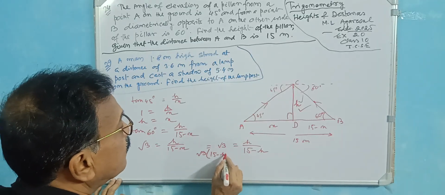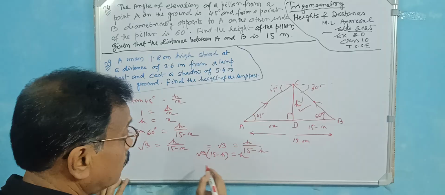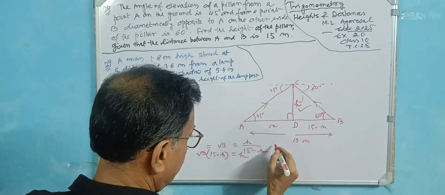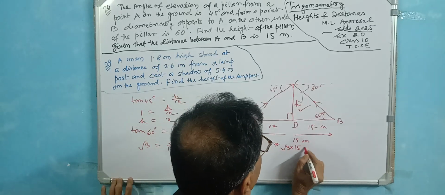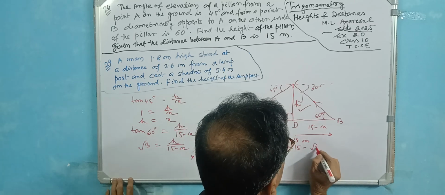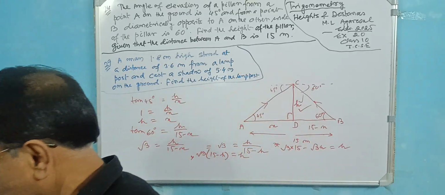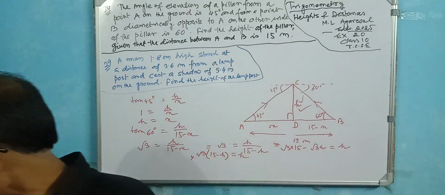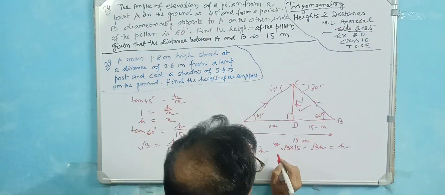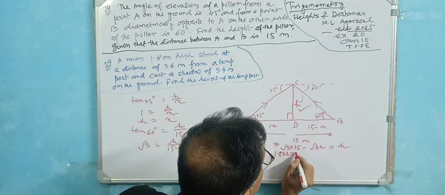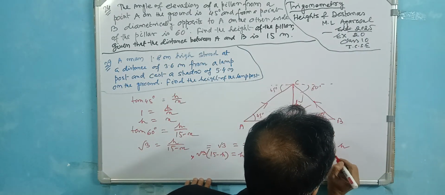So root 3 into 15 minus h is equal to h. That is, root 3 into 15 minus root 3 h is equal to h. Root 3 means 1.732. So 1.732 into 15 is 25.98, equal to root 3 h plus h.